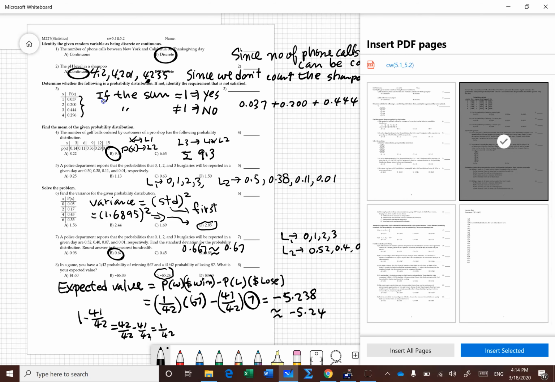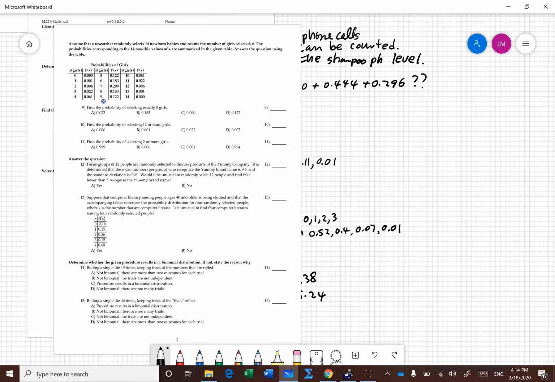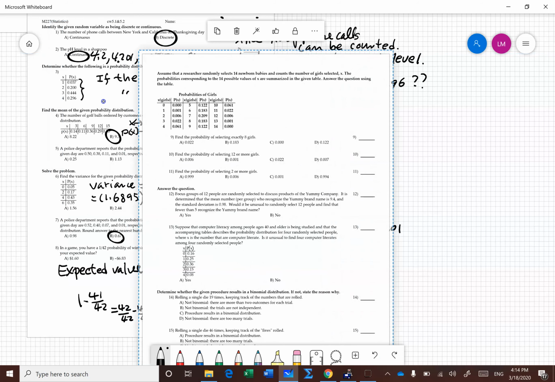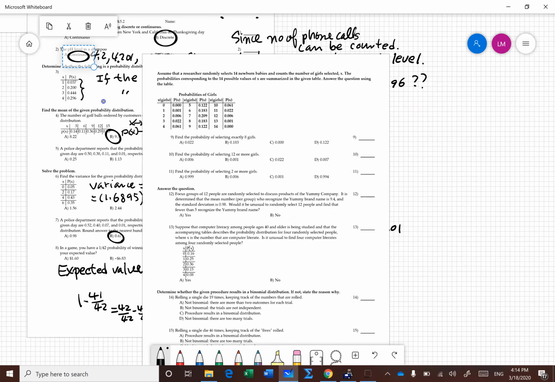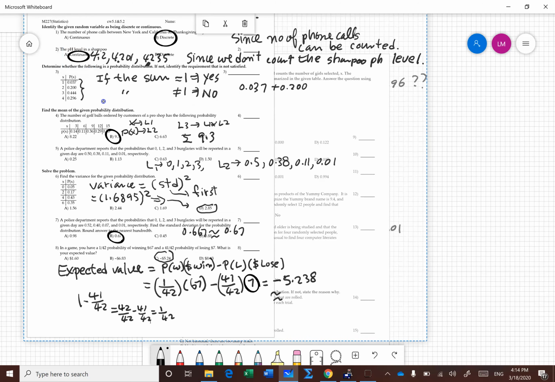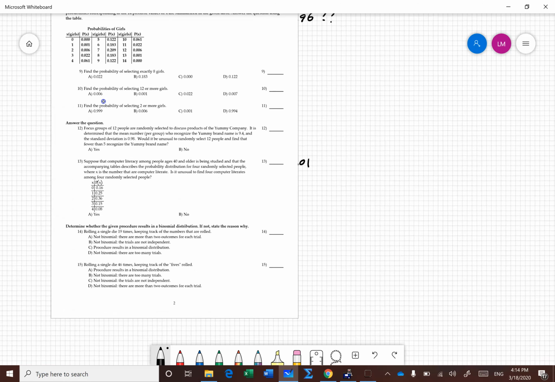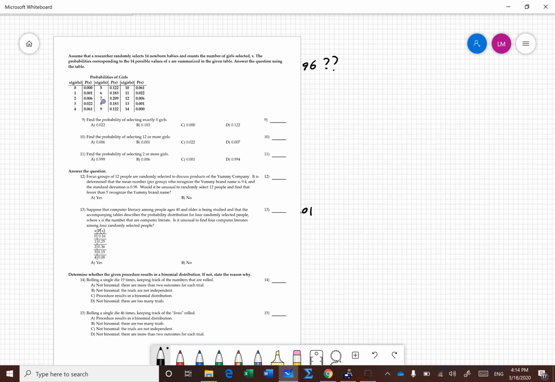I need to get rid of the first page, this page I need to delete. Okay, good. So I get the second page here. Now I'm going to erase that.